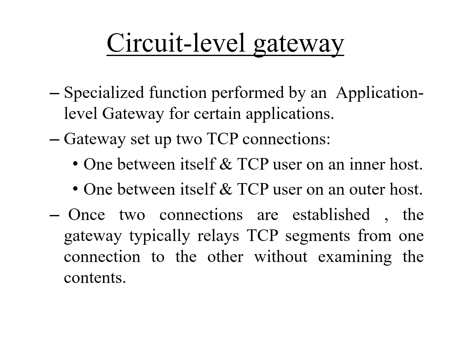In short, we can say a circuit level gateway connects different users inside and outside the network, and it handles the data transfer between them without checking the content too much.